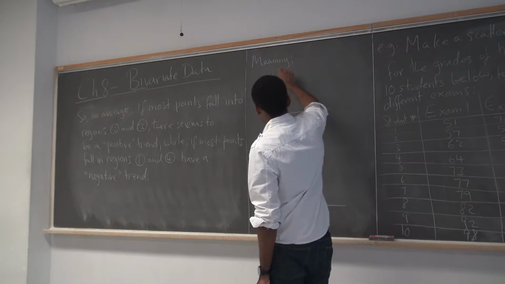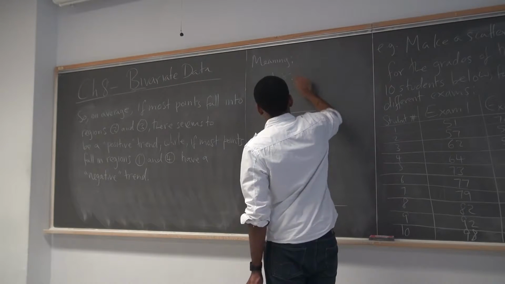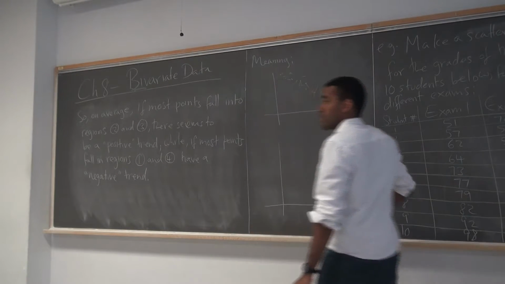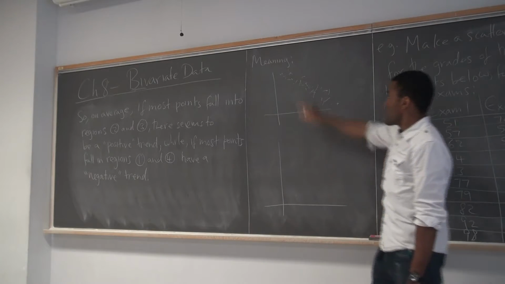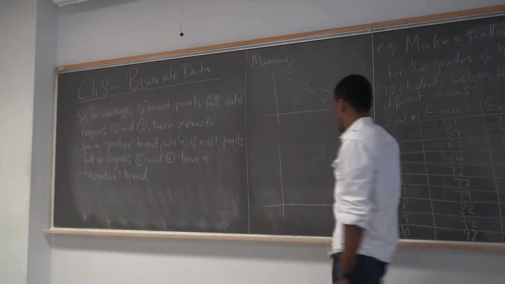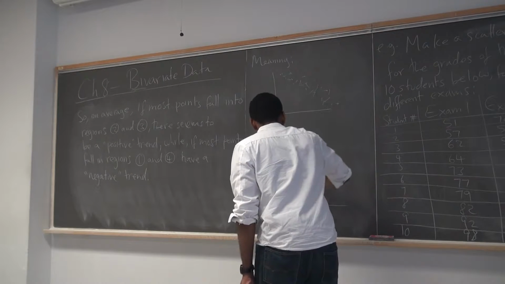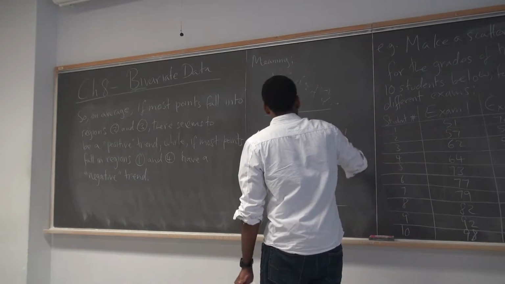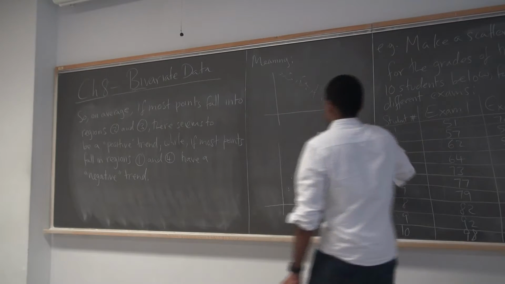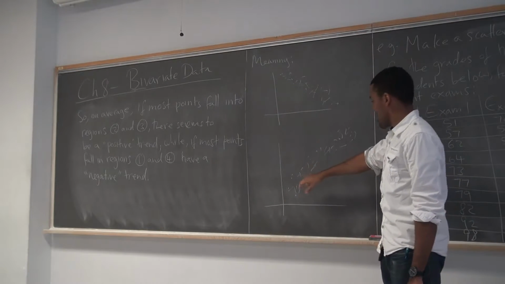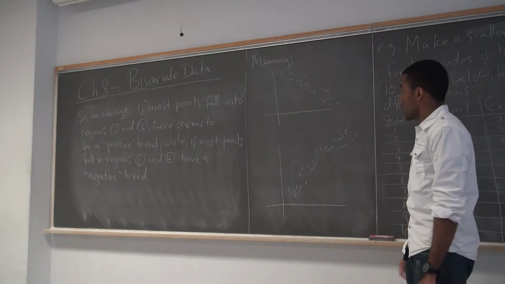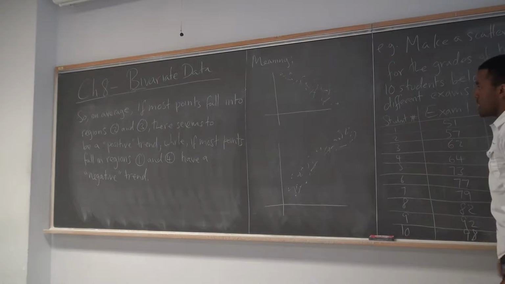Imagine I have 2 data sets, one looks like this. You see that most points are in 1 and 4. And the other one looks like this. So this is an example where most points are in 3 and 2.